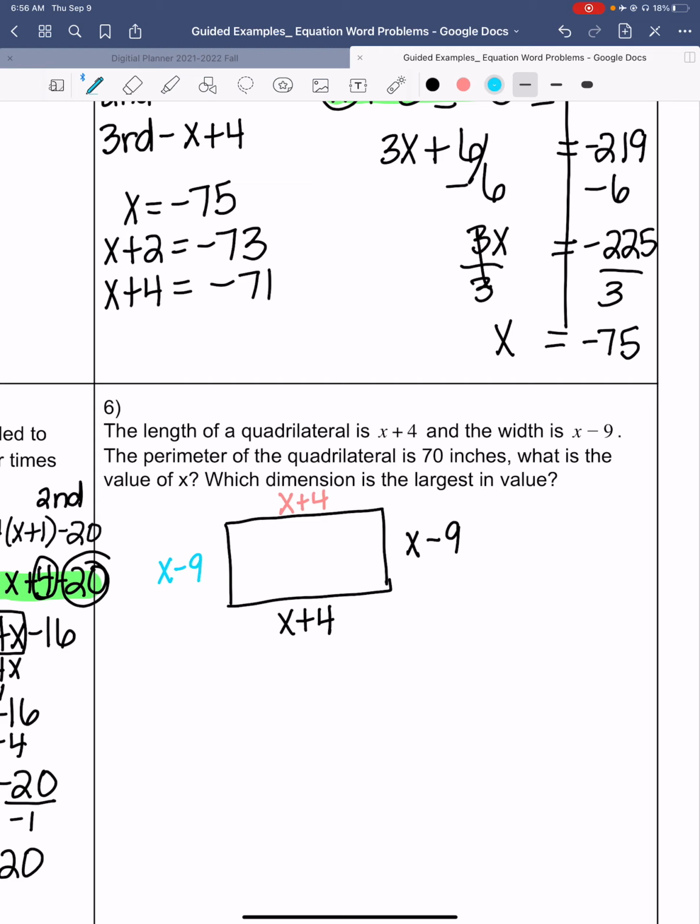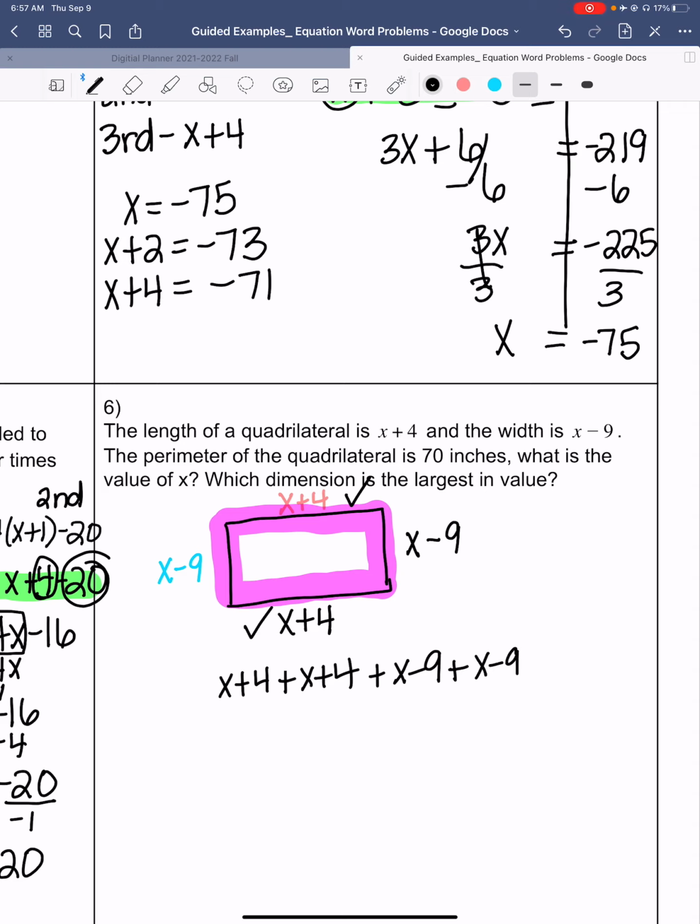The perimeter is the outside of the actual figure, so we would add up all of the sides. So this will be x plus 4 plus x plus 4, so we got this side and this side, plus x minus 9 plus x minus 9, so we got this side, and all of that equals 70 inches.